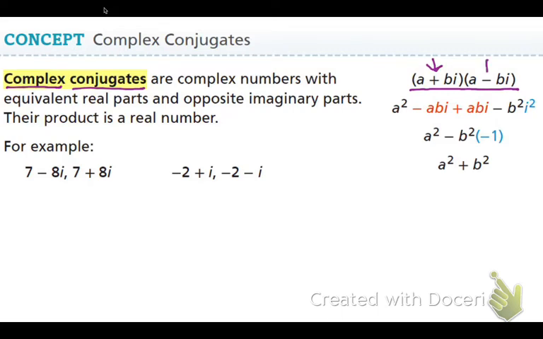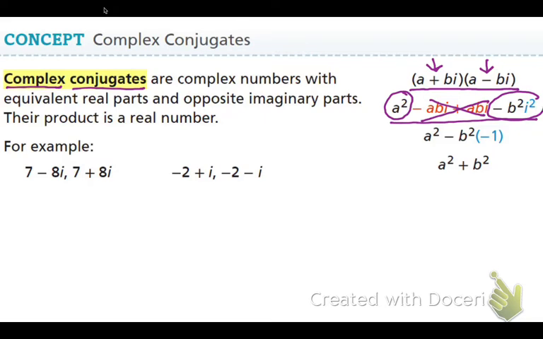Positive and negative. So when I FOIL this out, I have minus abi and plus abi. So these two things do what? Zero out. Which leaves me with a squared minus b squared i squared.